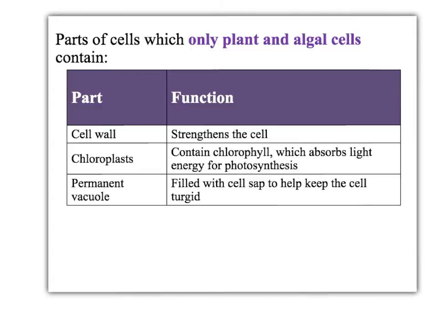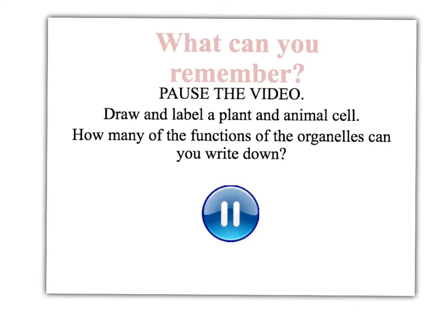The permanent vacuole is filled with cell sap to help keep the cell turgid. Okay. So what I want you to do now, if you don't want to just watch all the video through, is pause the video and have a go at drawing a plant and animal cell, and then see how many of the plant parts or the organelles can you write down, how many functions can you write down.